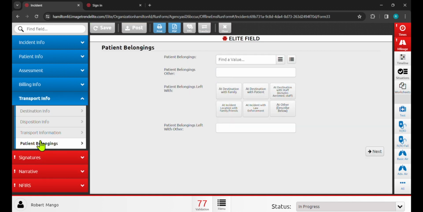Let me touch on this. Patient belongings. If the patient has any belongings, you should record them. Now, do we use this function all the time? We do not. Is there a time and place that you absolutely want to use this? Absolutely. There are times that we have run into firearms, and maybe it's an auto accident.